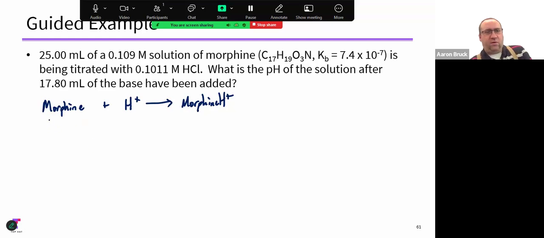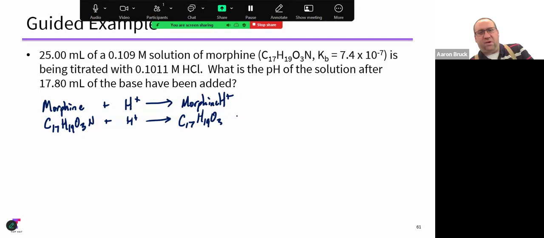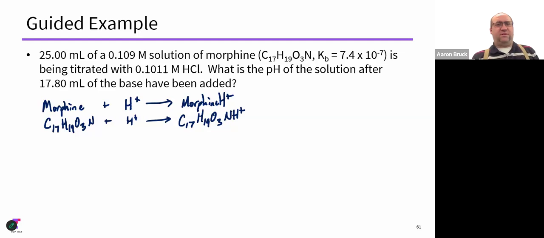If we wanted to get technical, C17H19O3N plus hydrogen ion makes C17H19O3NH plus. But again, in terms of our understanding of what the problem is asking us to do and the actual results, we've been using abbreviations for an entire week here because it doesn't matter that much.